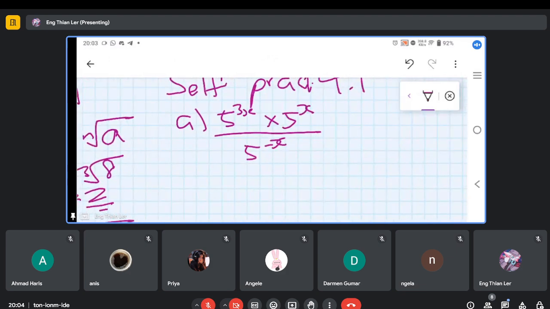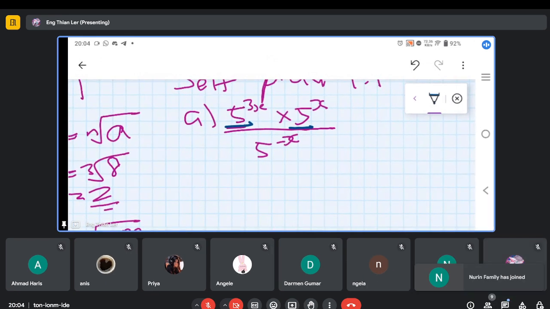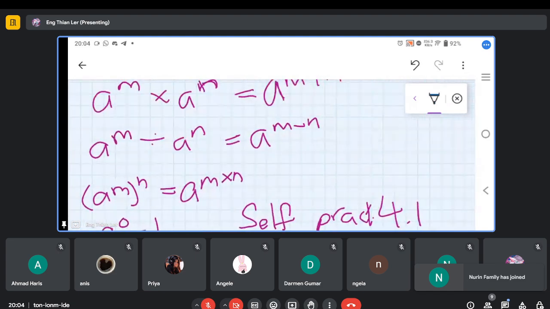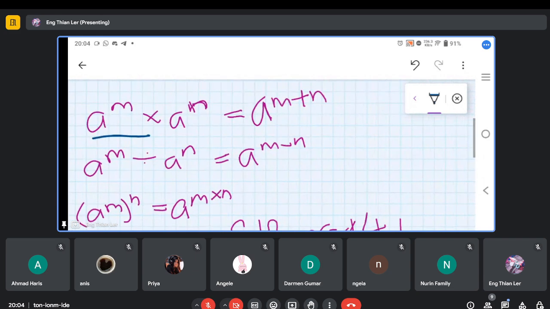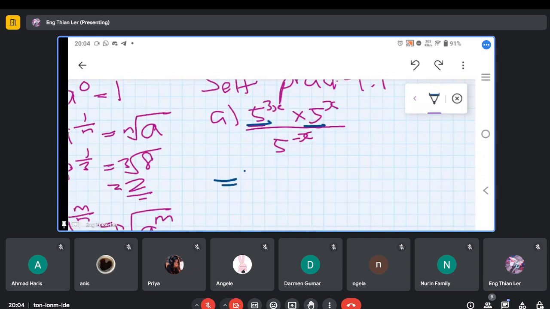We have both numbers which have a base of 5, so we can easily do that. We can just add the powers like we did right here. So this is equal to 5 to the power of 3x plus x.